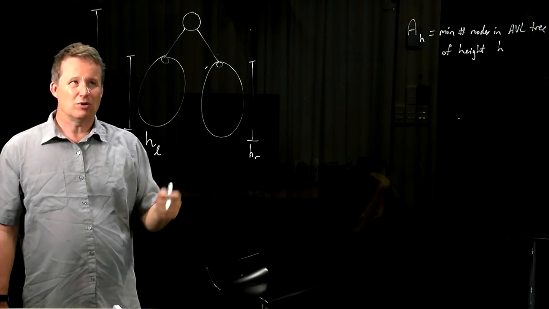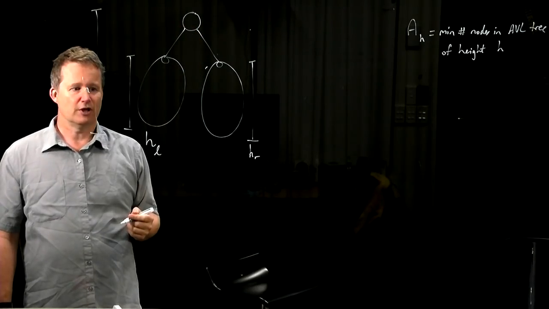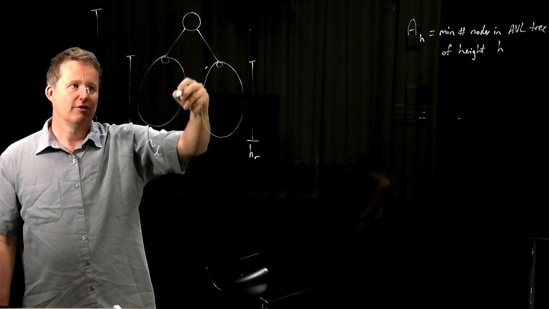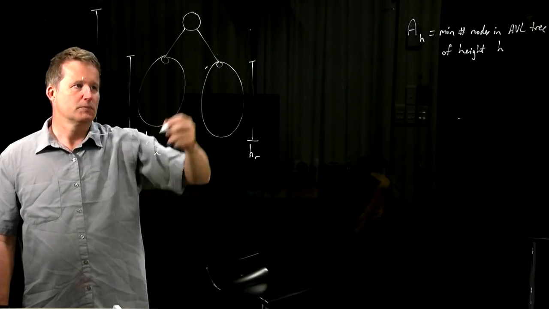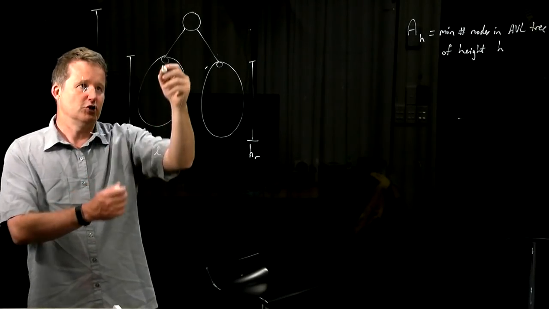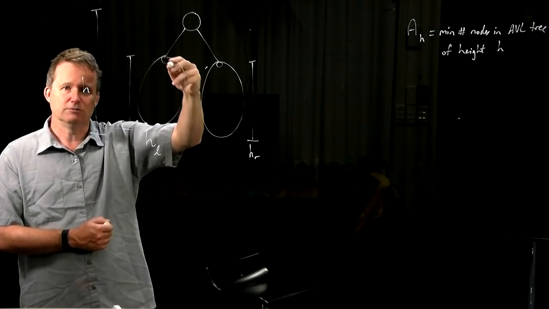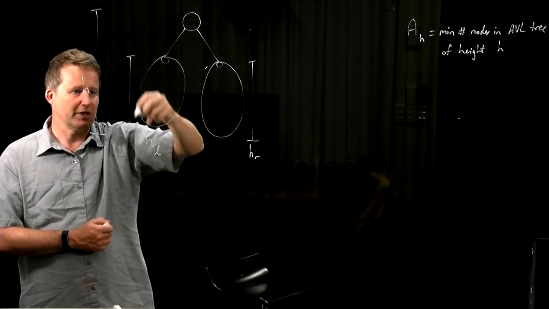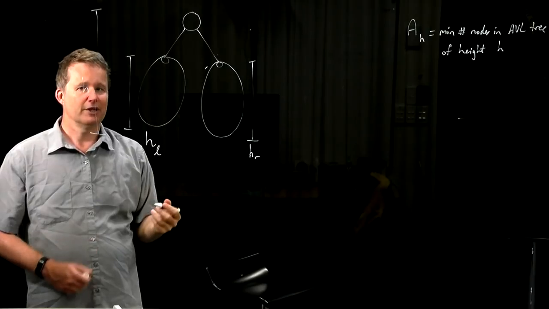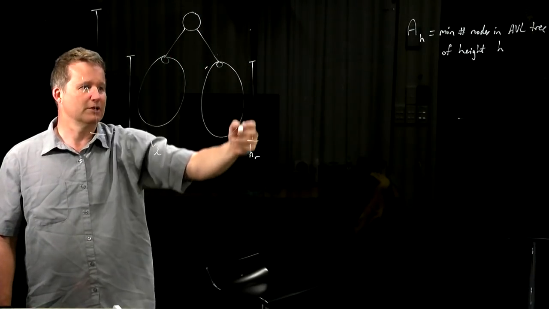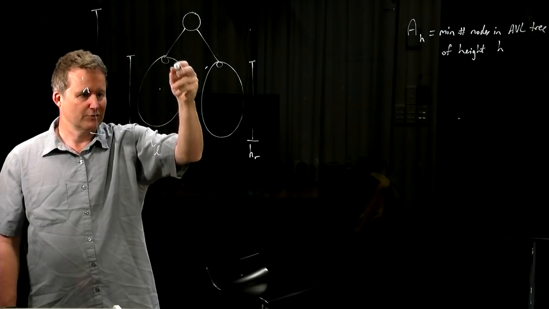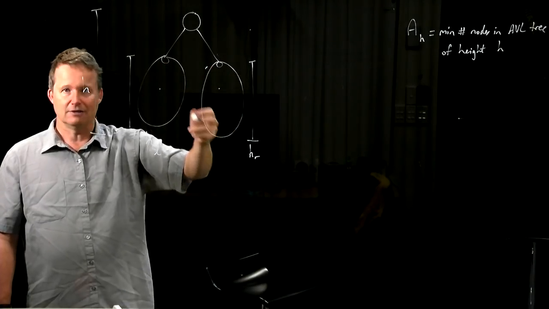Notice that since I want the smallest possible number of nodes for the height, whatever the height of this thing is, and this one, I might as well ensure that these are as small as possible. I can replace them by smaller ones if necessary, even keeping the height the same. So in other words, I can assume that this tree that minimizes the number of nodes is also minimizing the number of nodes in here and in here.